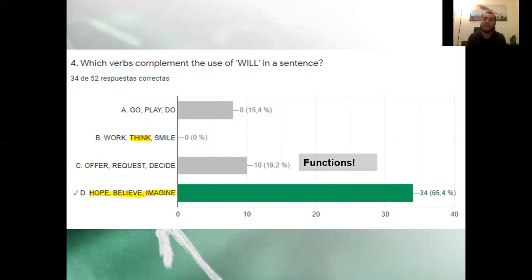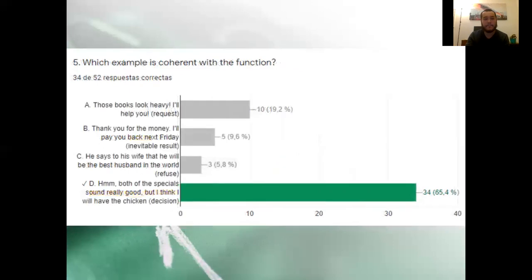And also you use think. They complement and emphasize, in this case, a sentence with will. Remember the typical example: Kate will pass the exam, a typical prediction. But if I say, I think Kate will pass the exam, right? I give more emphasis to the sentence, to the function that I want to give, okay? So let's continue. Question number 5. Look at the results.